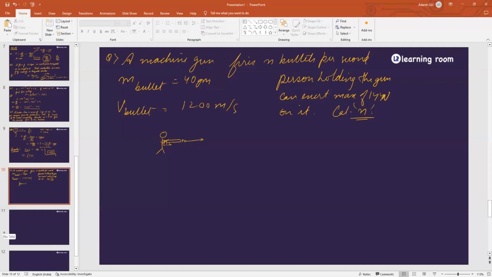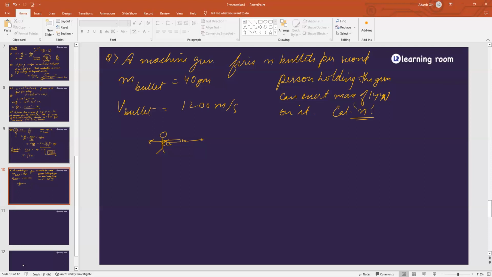All right. See here. If we fire a gun, the gun has something called recoil. You know this, right? So recoil is based on what principle? Can anybody tell me? Newton's third law of motion.